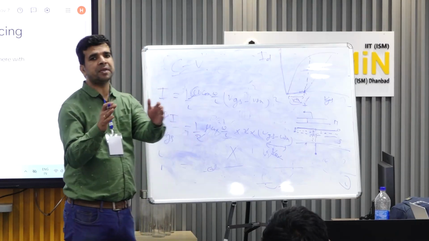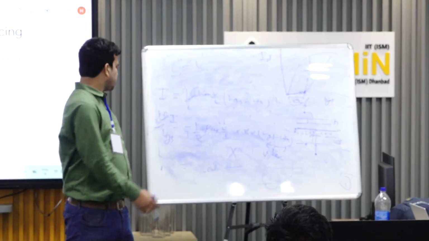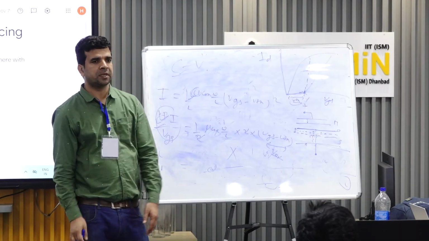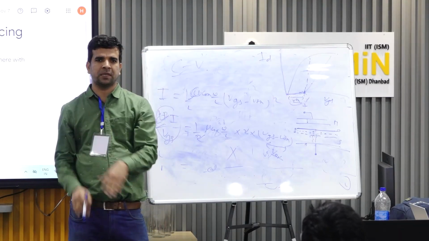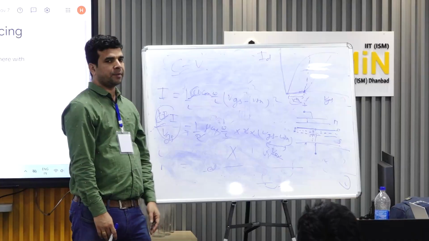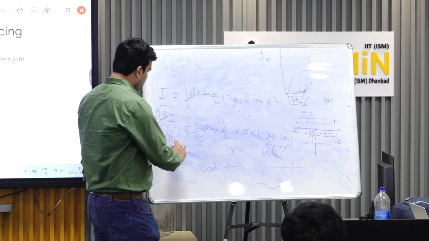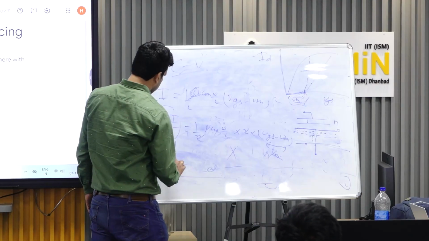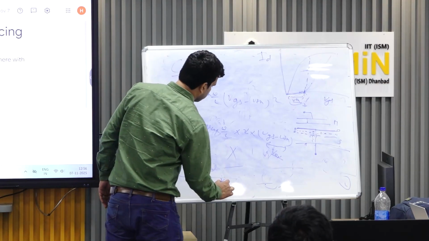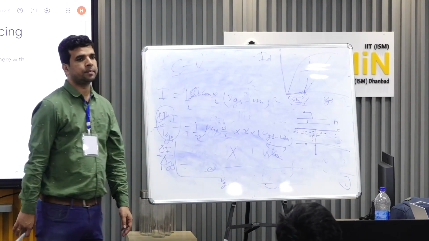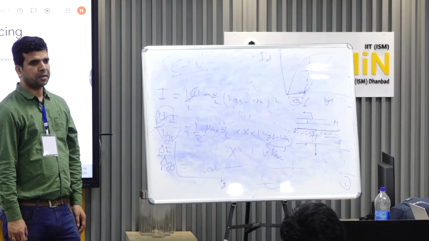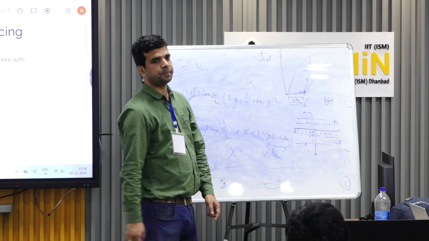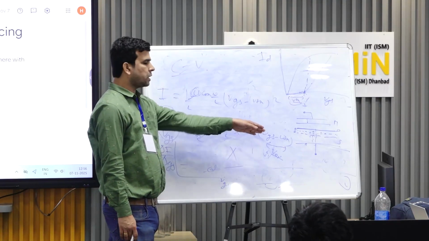since you have ID versus VG, you can plot delta I versus delta VG also. You just have to find delta in both cases. If you plot delta I divided by delta VGS versus VGS, it will give you a linear equation, right?